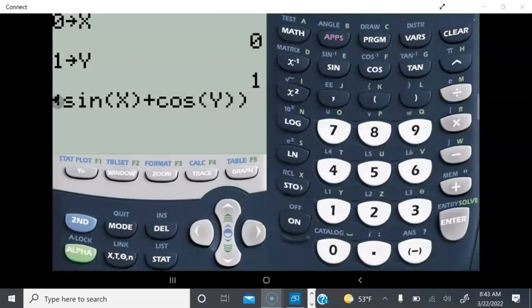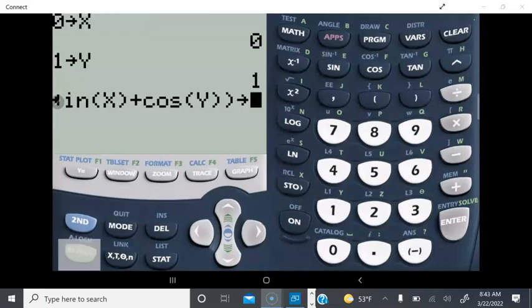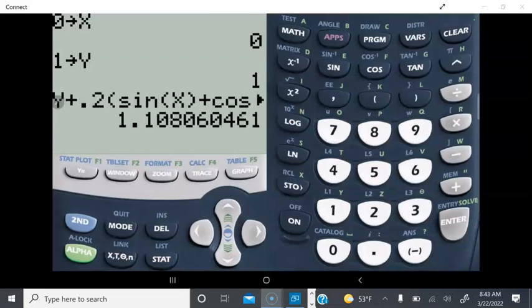And here's the cool thing we can do. This is going to be my new value of y, right? So before I hit enter, I'm going to take this and store it into y. So now when I hit enter, there's my new value.